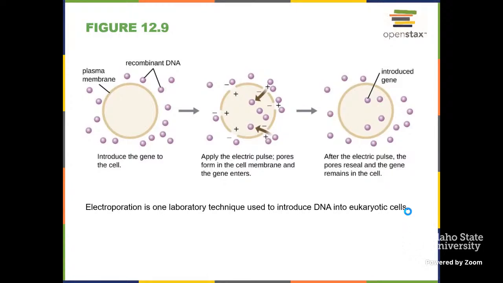But those cells may not be as competent or capable of pulling in the nucleic acid or the naked DNA, plasmids, all right? So we have some ways of making cells that aren't competent, turning them into competent cells, all right?